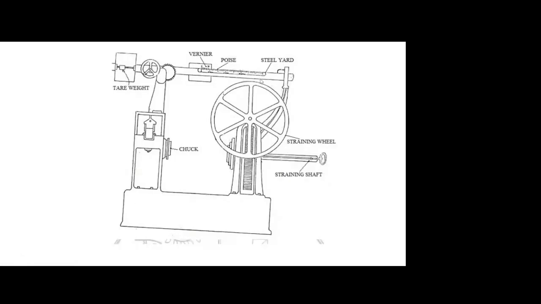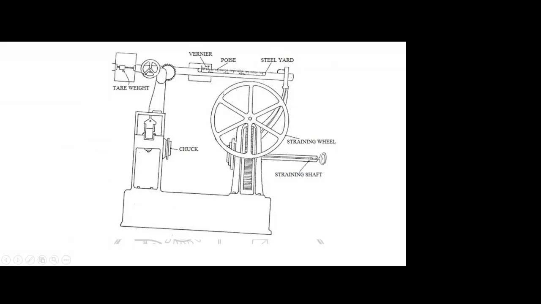So always make it horizontal before taking the reading. When we apply the torque, it can be applied by rotating this wheel, in the clockwise or anti-clockwise direction. Both ways we can do that. Accordingly, it will move. Then this is the measurement of loading, a scale to read the torque that is applied.